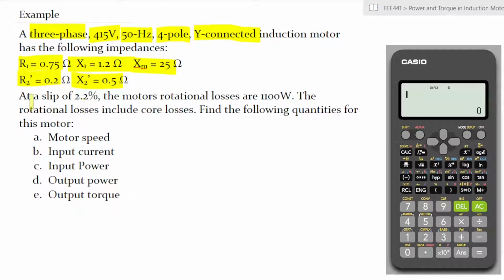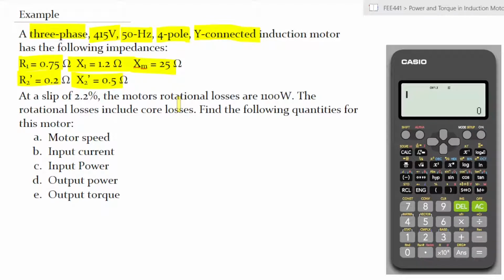Then they say that there's a slip of 2.2%, which is roughly what we talked about. Remember, we said the slip determines various other elements, which we will see going forward. And you're given rotational losses. That is the mechanical losses that the motor encounters before you can give a useful power. So that has to be deducted from the output power that you would get.